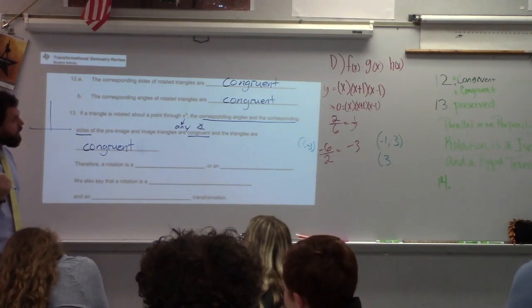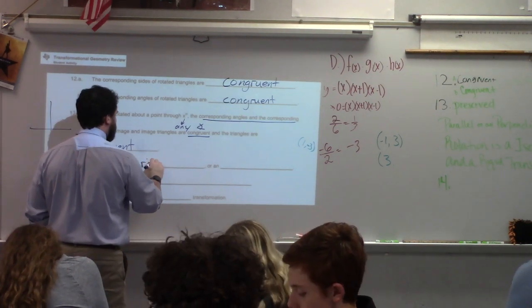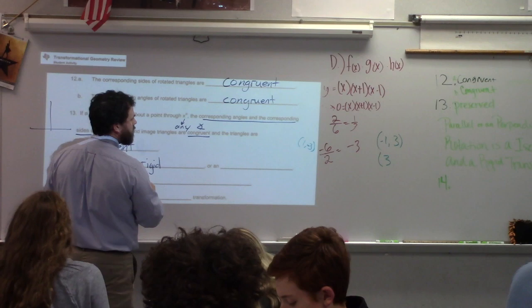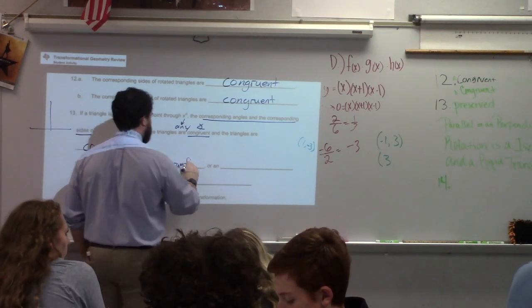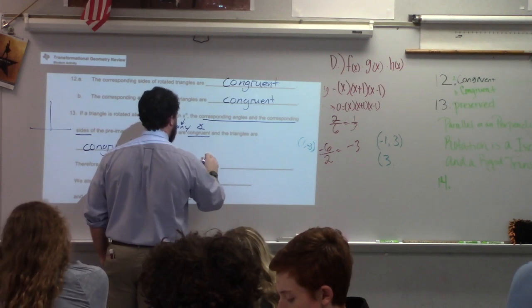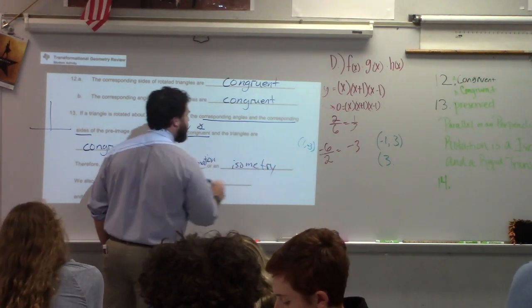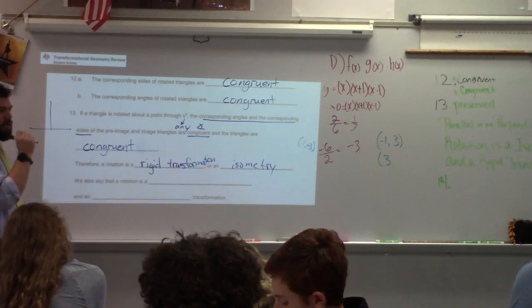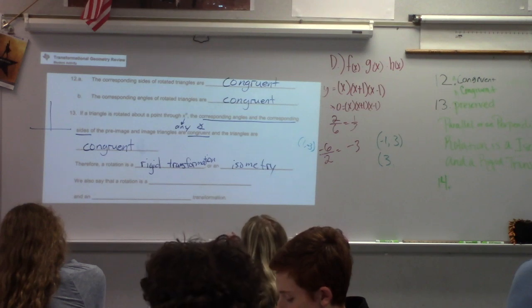Therefore, a rotation is what? Rigid transformation, or an isometry. Now, the last detail I totally understand us having trouble with, but you remember how you all were talking about preserved earlier?